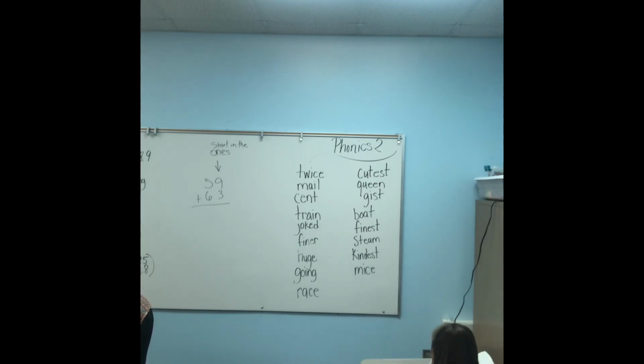No. So we don't need 1 up here, do we? We'll just erase that 1. Make your cap on your 9. And then we're going to erase this. And then we add that 1. So now all we're adding is 5 plus 3.